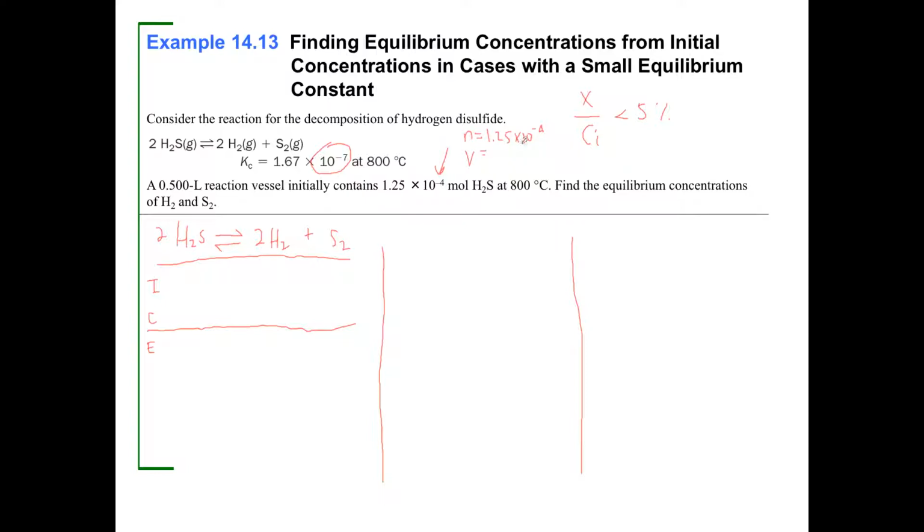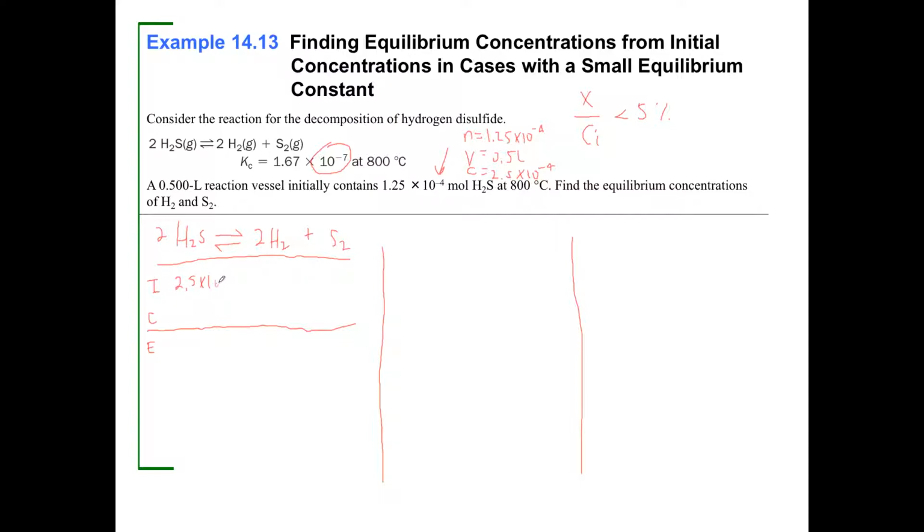My volume was a half a liter, so I had to figure out the concentration myself, which was not nice. 1.25 times 10 to the minus 4 divided by 0.5 gives me 2.5 times 10 to the minus 4. I guess I should have known that. 2.5 times 10 to the minus 4 is my initial concentration.